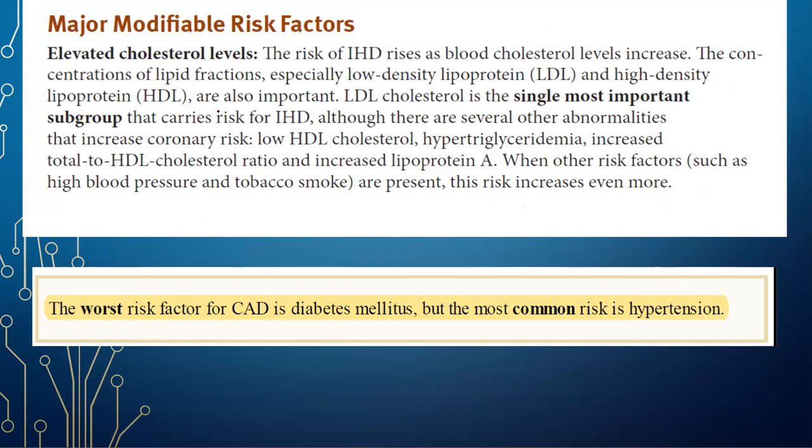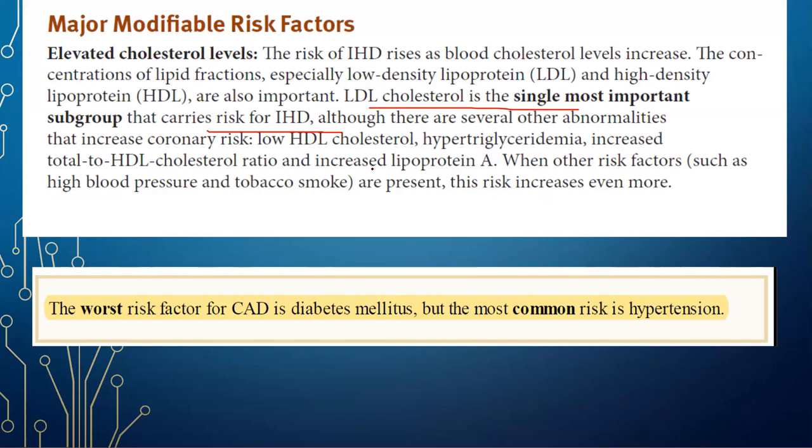Now, what are the major risk factors which cause this myocardial infarction? The single most important risk factor is your elevated cholesterol level, which is mainly elevated LDL cholesterol. Okay, that's the most important subgroup that carries the risk of ischemic heart disease.